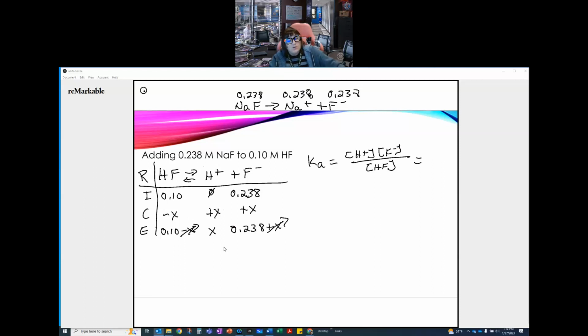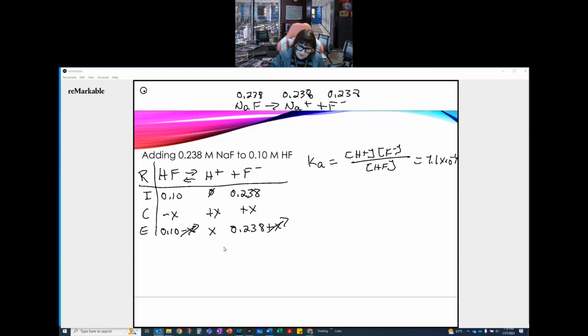I know that this has a particular value. I take my exam handouts and I look to see what that value is. And I see that for HF it's 7.1 times 10 to the minus 4th. That's a 4, I swear. Okay.